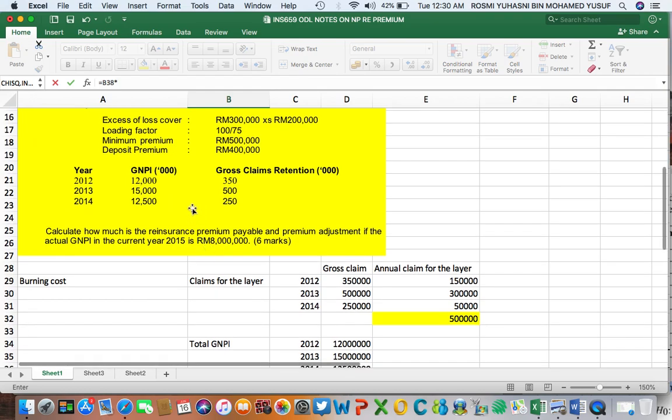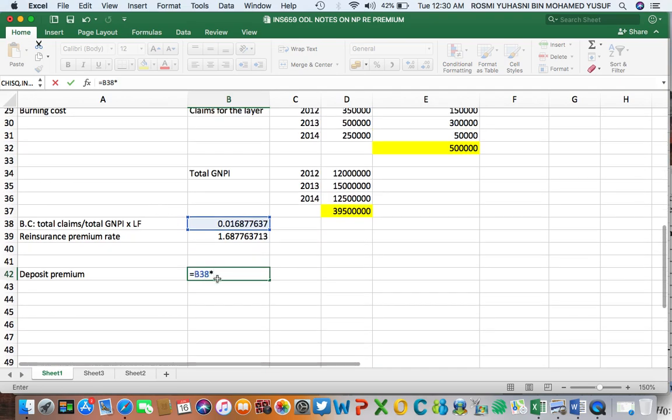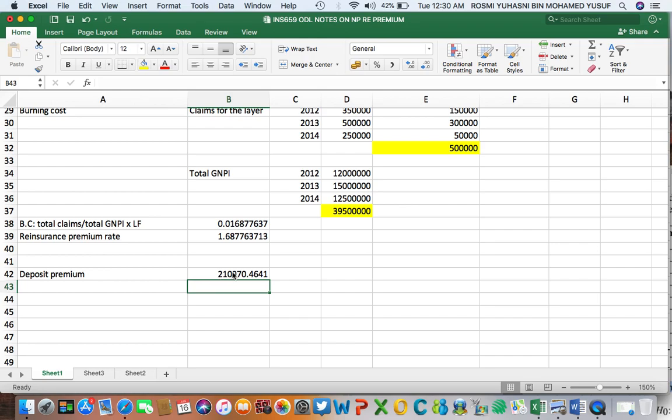So estimated GNPI is 12.5 million times the rate. Okay, so this is the deposit premium.